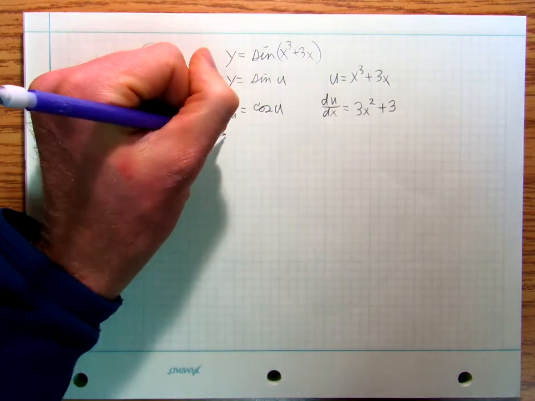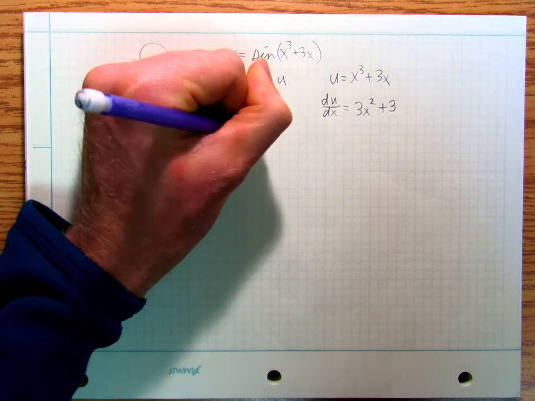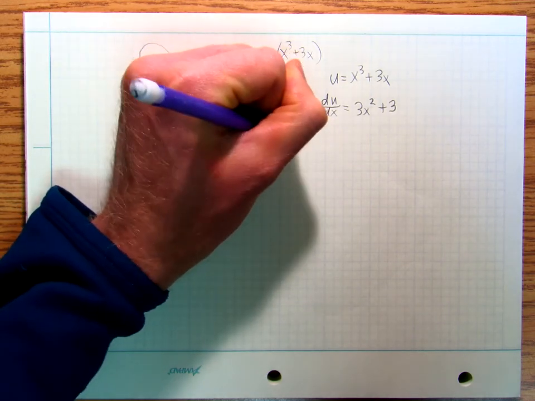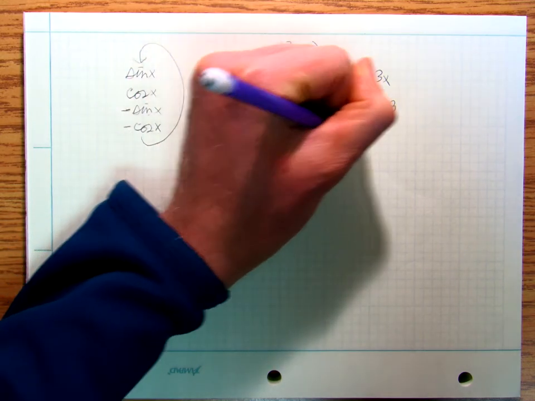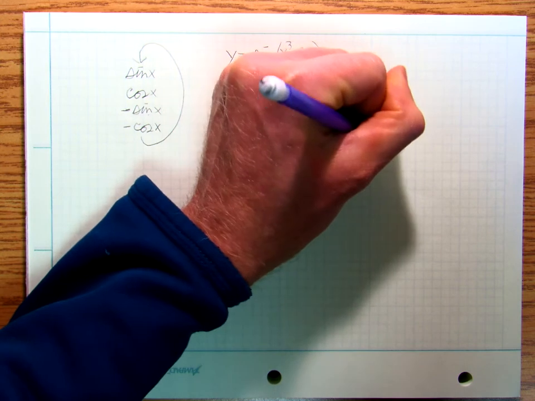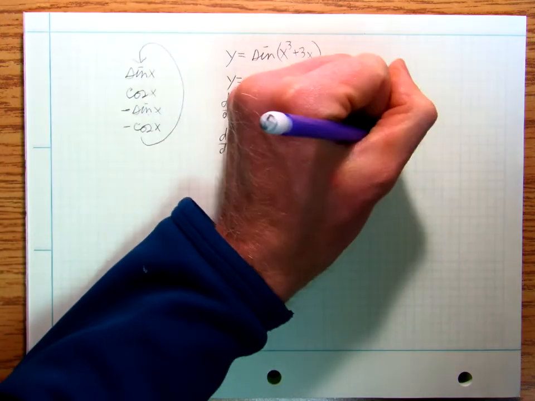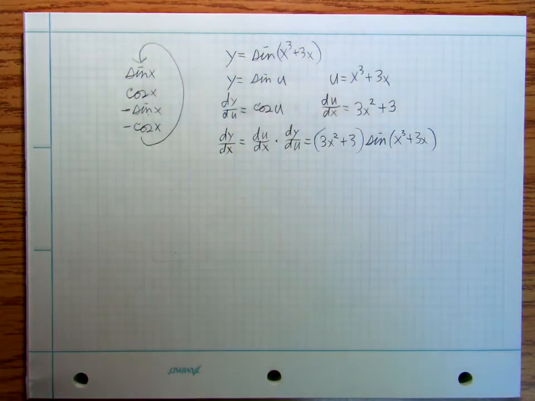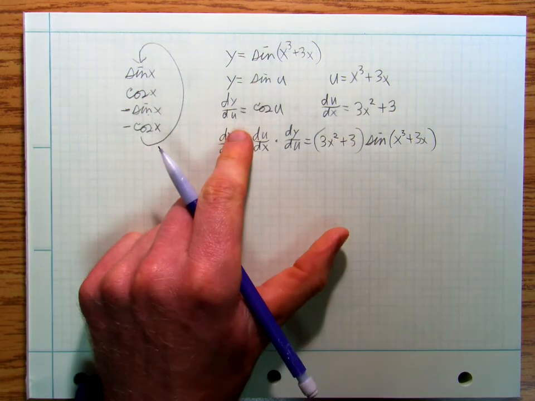And so we're going to say dy/dx is equal to du/dx times dy/du, which is 3x squared plus 3 times cosine of u, and u is x cubed plus 3x. And there you go.